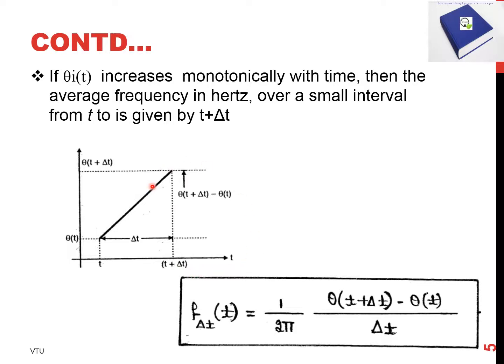Then I can write f delta t of t equal to 1 by 2 pi times theta i of t plus delta t minus theta i of t, divided by delta t.